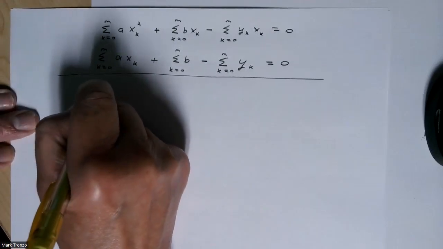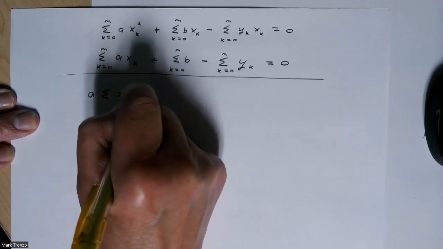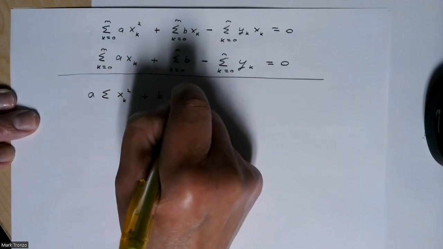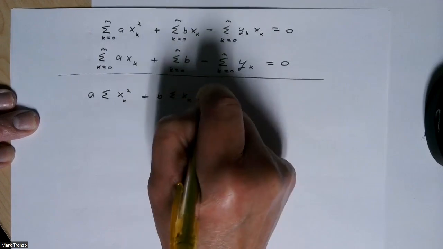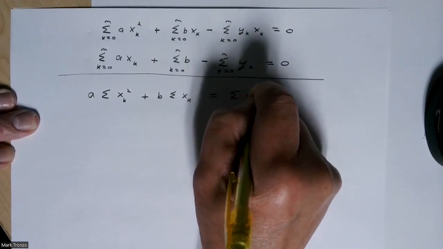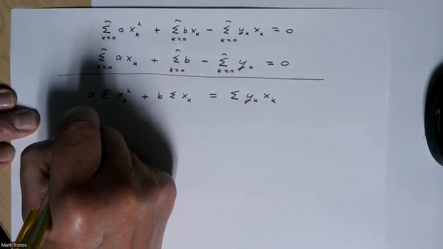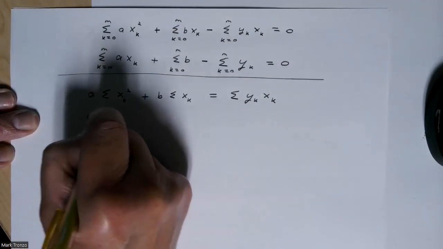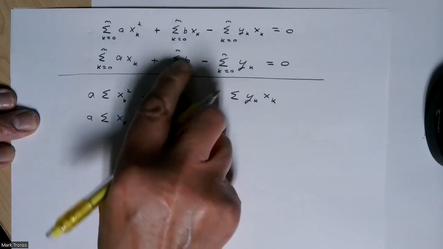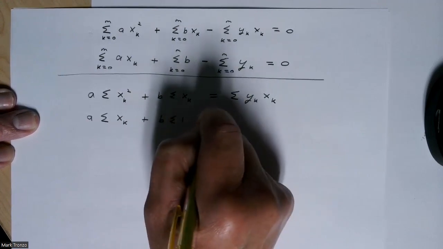So we're going to have A summation xk squared plus B summation xk, and bring these over to the right-hand side, yk xk, and down here, xk. And I'm going to bring the B out, and that's just going to leave us with 1.